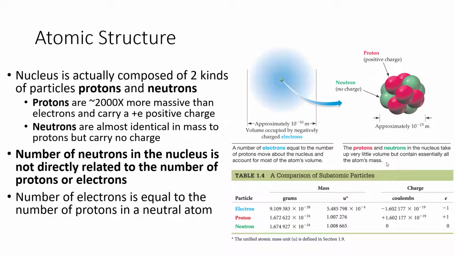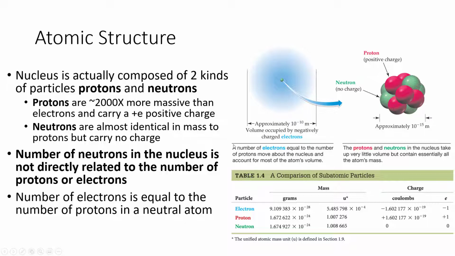So now we have a lot of information about atomic structure. The nucleus is actually composed of two different particles, protons and neutrons. We see protons shown here in red, and neutrons shown there in green. Protons are around 2,000 times more massive than the electrons, which, remember, are moving around this empty space.